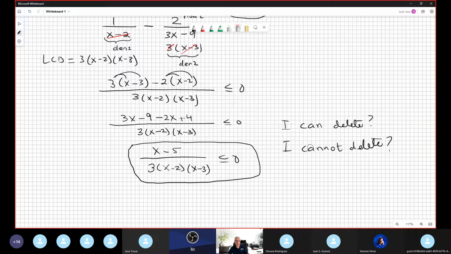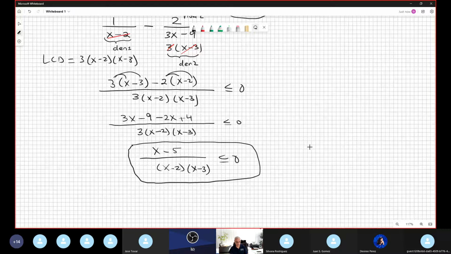So you can delete this 3, and the solution for this inequality is exactly the same with the 3 or without the 3. So if you see a positive number, we can delete it mentally. If you see a negative, no. Well, you can delete it if you switch the inequality sign. Do you remember this explanation we did in the last class? Yes, I remember. Oh, exactly.